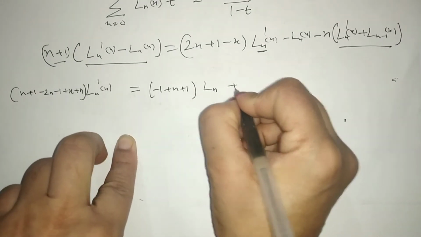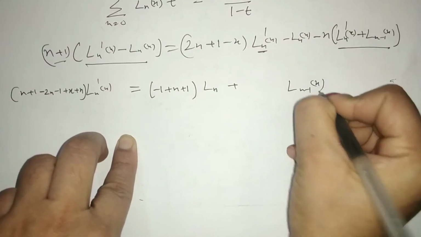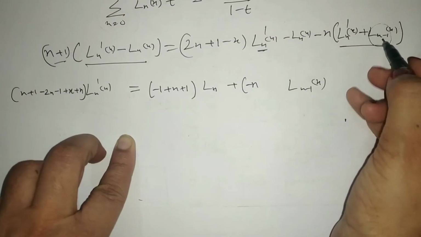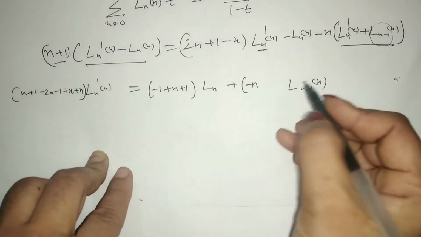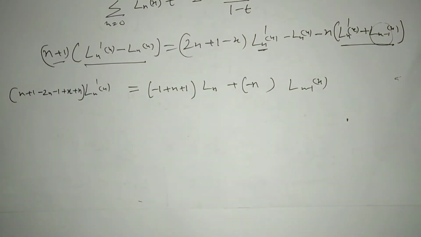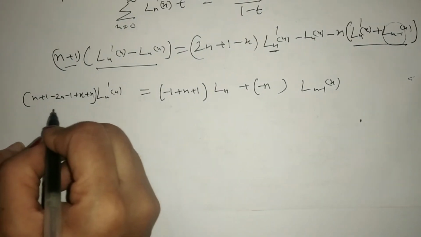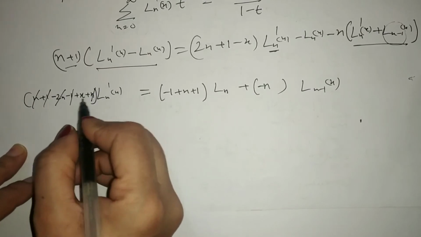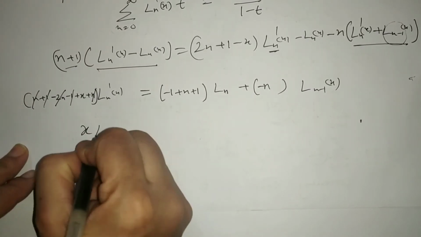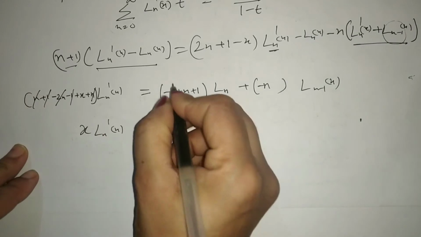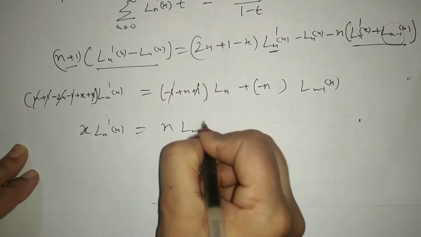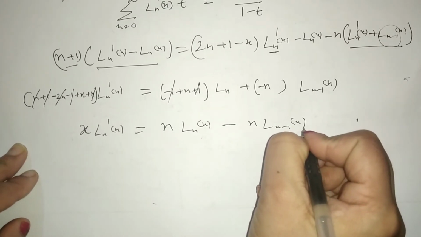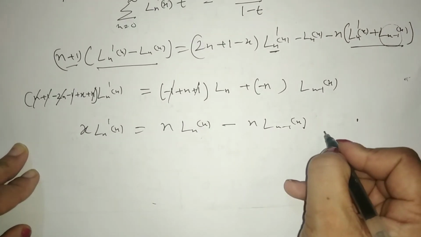Then the coefficient of l n minus 1 x is minus n, and there is no more term, only one term. So after simplification, n plus 1 plus n is 2n, so we get only x into l n dash x. On the other side, it is n into l n x minus n into l n minus 1 x. So this is the recurrence relation which we obtained.